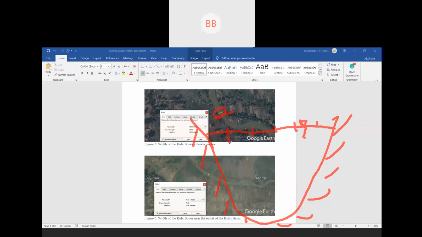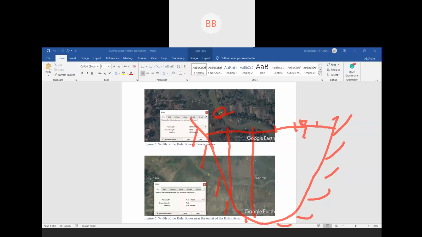Then we divide the whole section into some sections depending on the width we considered. Suppose this is 70 meter, we can consider 1 meter sections also, we can consider 10 meter sections also. It depends on you. If you take 1 meter, the sections will be more, and if you take more sections, then it will be more accurate.